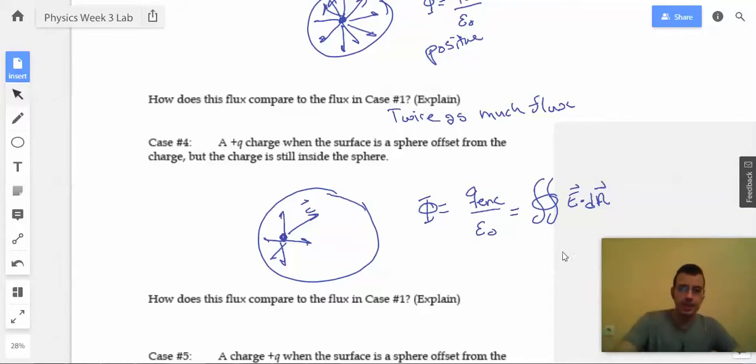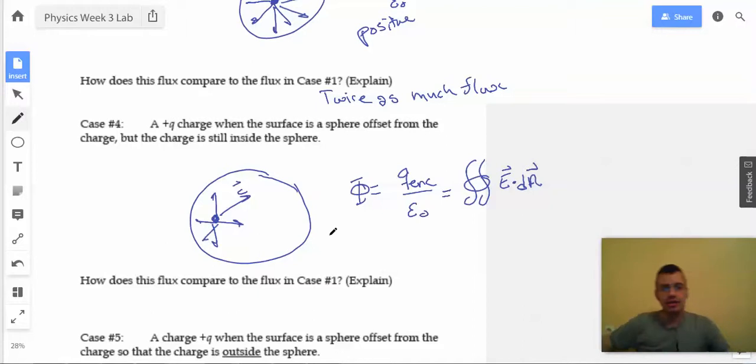So you look into this and it's like, man, well, in some places the electric field might be going this way, but since the charge isn't centered, the dA, the small section of area, won't line up exactly.